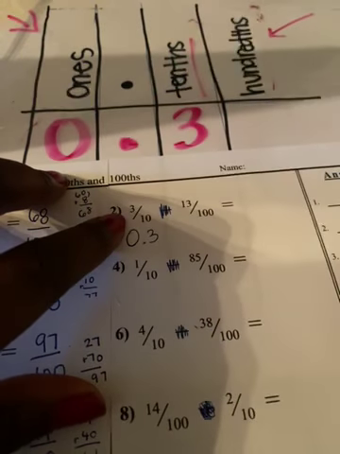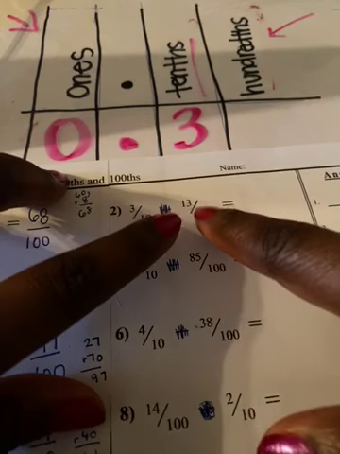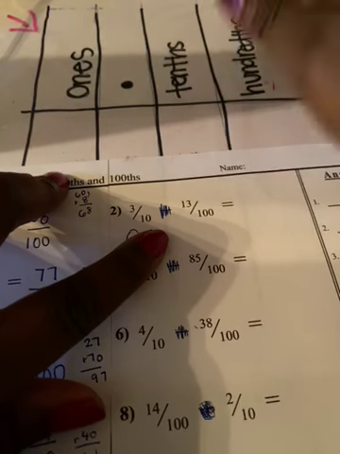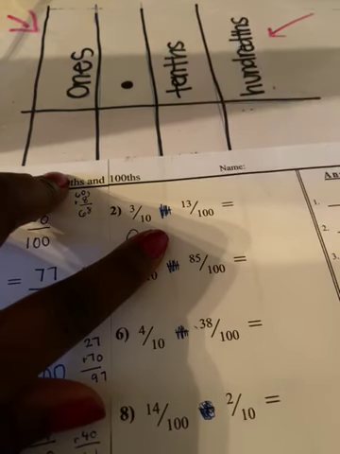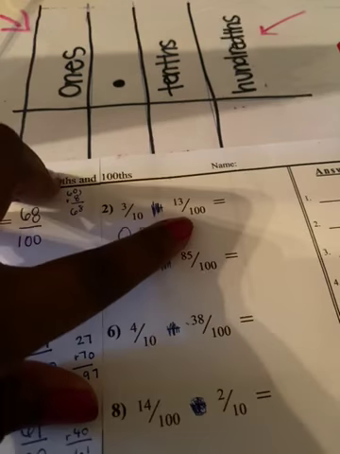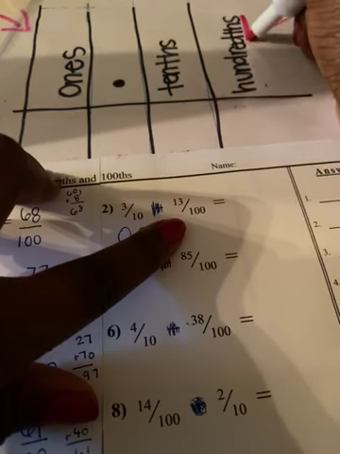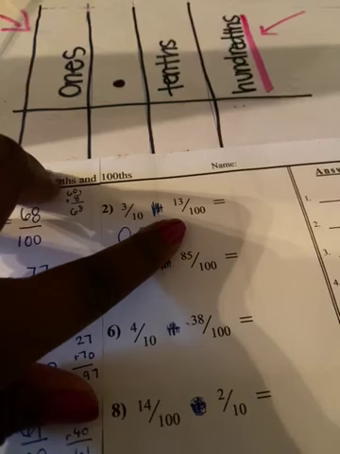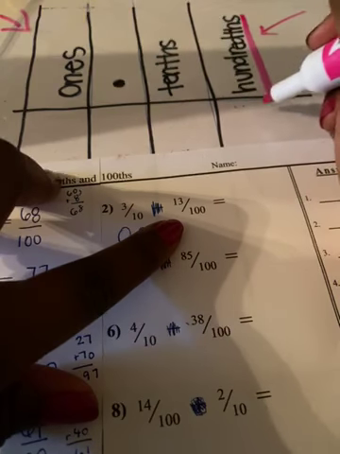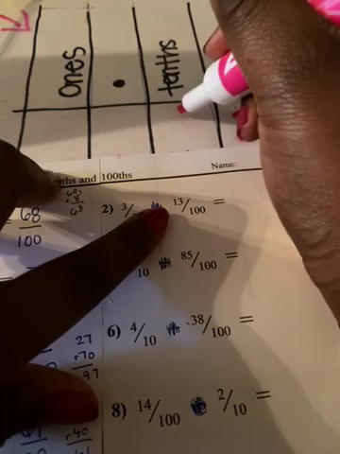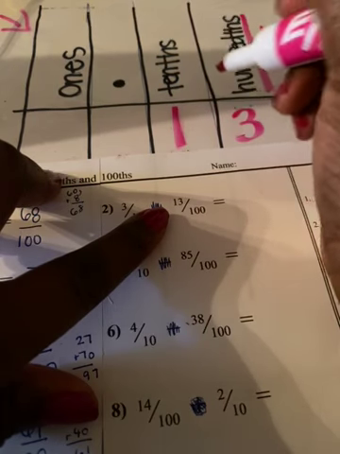I'm going to try to do the same thing for the next one, which is 13/100. As I just said, your fraction is 13/100 because the hundreds is in the denominator. So I'm going to underline my hundreds. My number has to be big enough to carry over 2 hundreds, which means that I'm going to need that 3 in the hundreds place and that 1 in the tenths place.